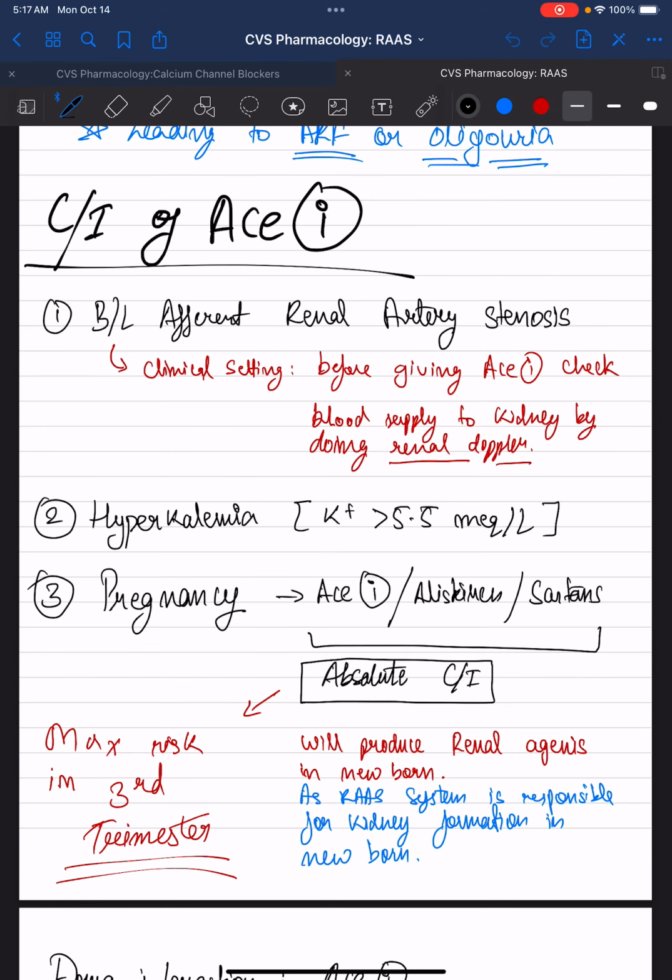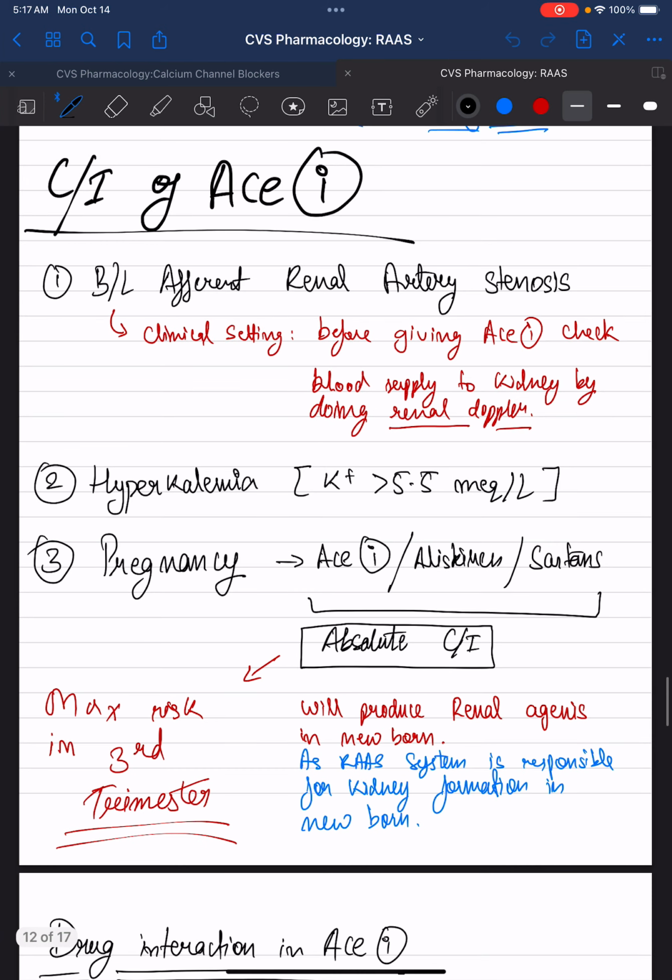So, what are the contraindications of ACE inhibitors? ACE inhibitors are not used in bilateral renal artery stenosis. In a clinical setting, if you're doing internship or practicing, before giving ACE inhibitors, you can always check the blood supply to the kidney by doing the renal Doppler and check the GFR of the patient.